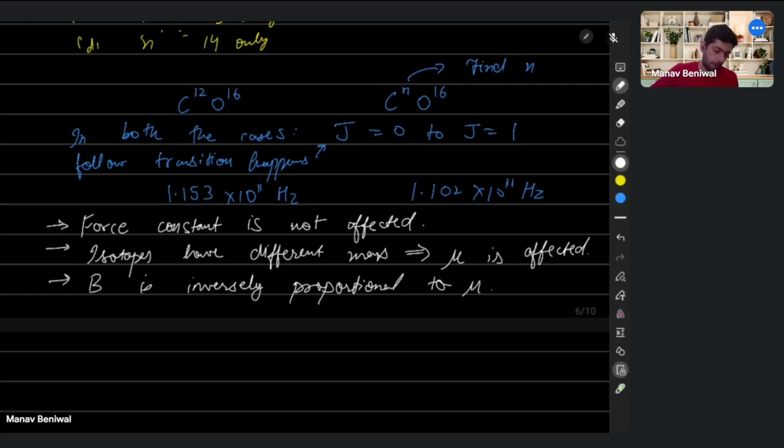And this B will help us in determining the energy of transitions for both the cases. So B is also affected by this isotope. So mu is not the same, B is not the same.